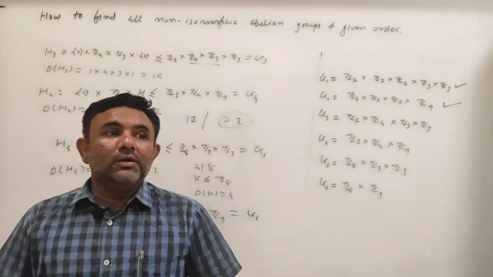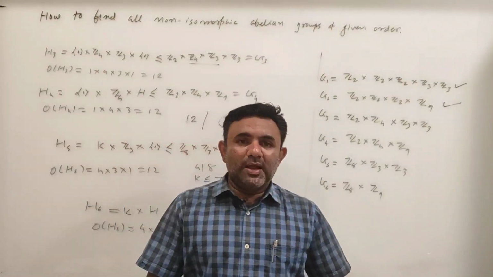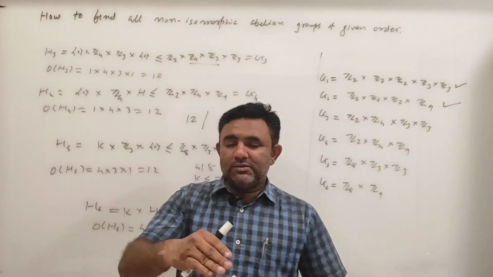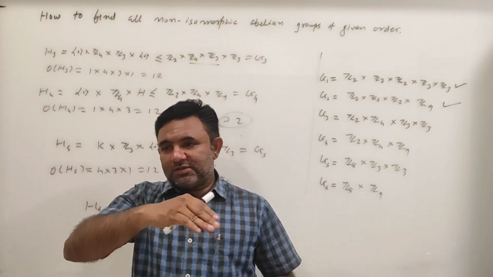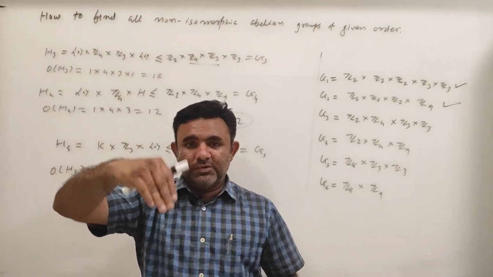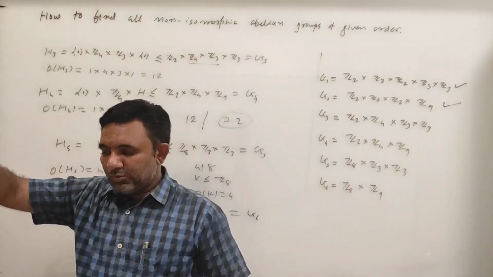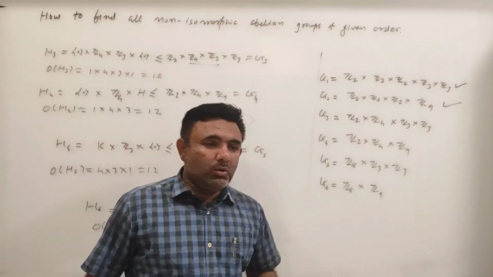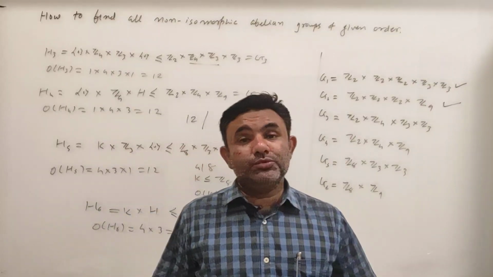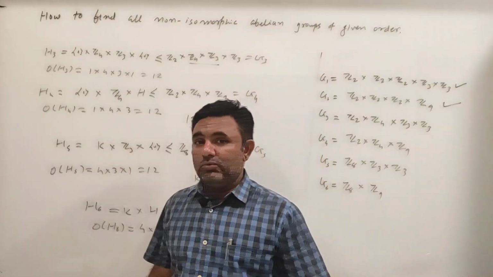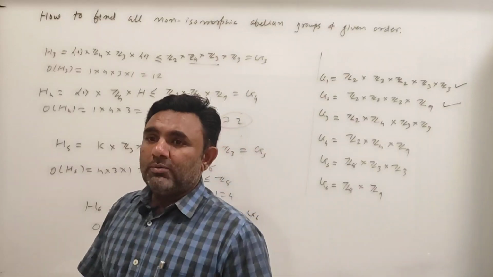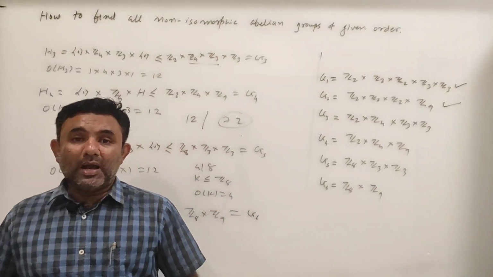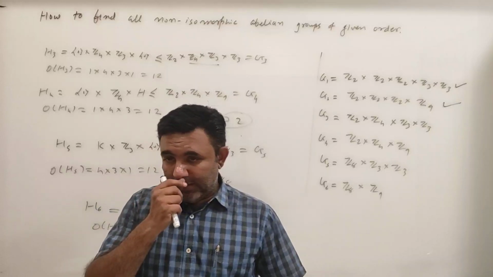Second thing, if order of G is n, and if n is expressed as a prime factorization, that is p1 raised to alpha 1, p2 raised to alpha 2 up to pk raised to alpha k, then number of non-isomorphic abelian groups of order n is equal to product of partition of alpha i, i equal to 1 to k.